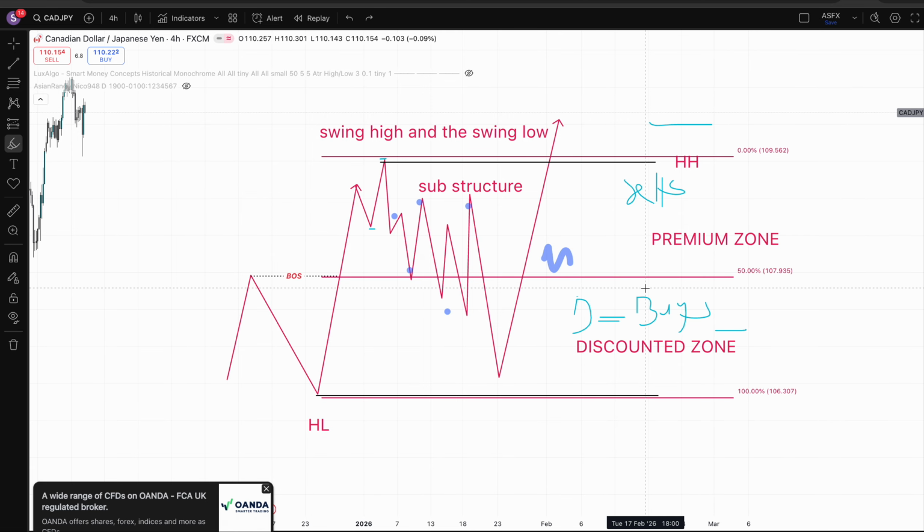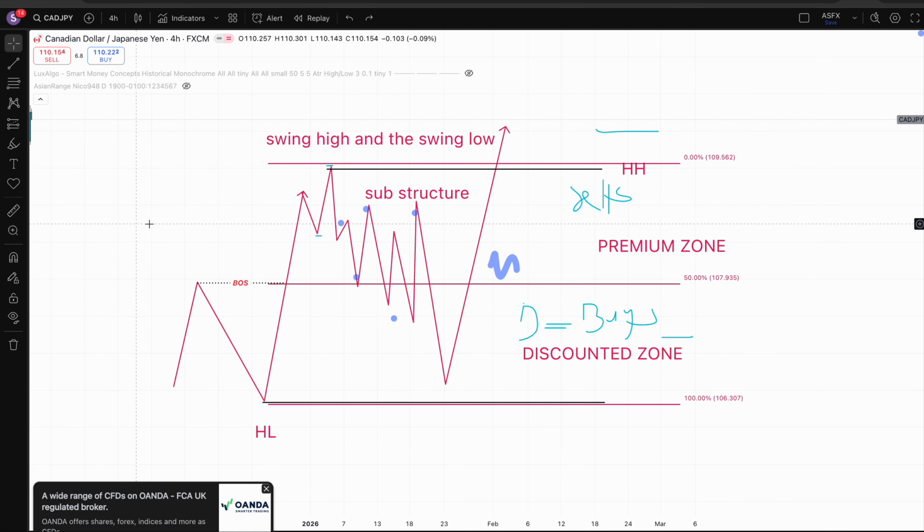So in a sell scenario, you want to be looking for sells in the premium zone. If you buy a land, are you going to sell the land when the land has depreciated and has no value, or are you going to wait for when the value of the land is very good and you sell at a good price?